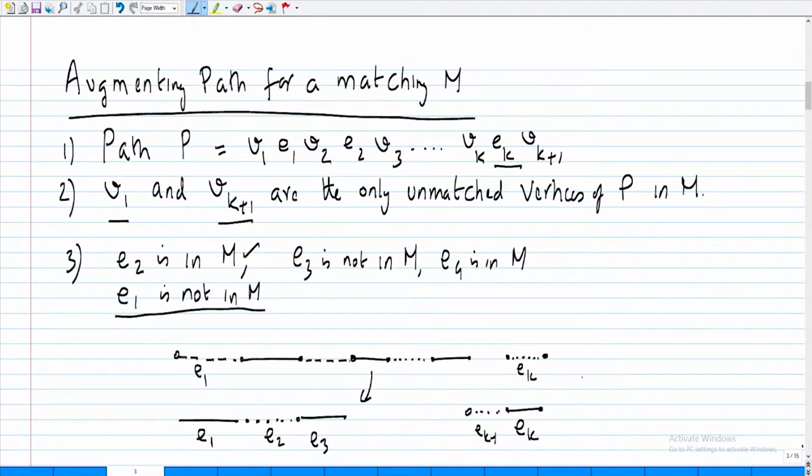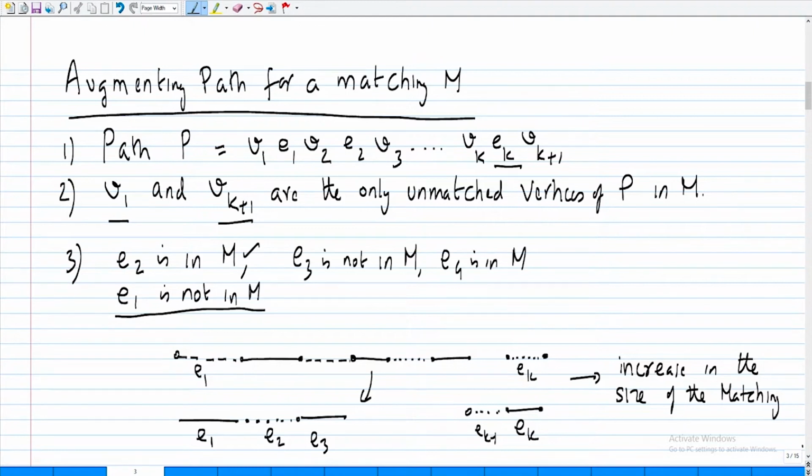So observe that this has resulted in the increase in the size of the matching. There are two more vertices which were unmatched, which have now got matched, and therefore the matching size has increased. And every other vertex which was matched continues to remain matched.